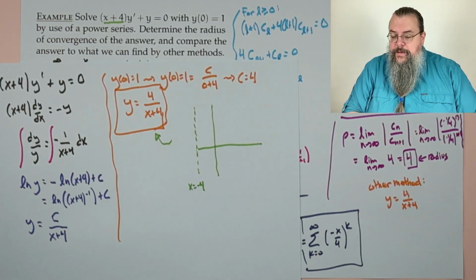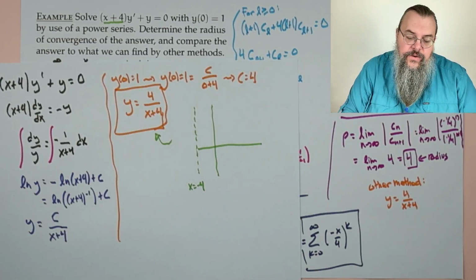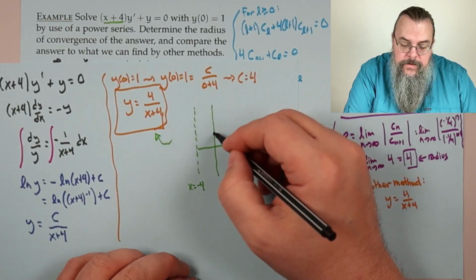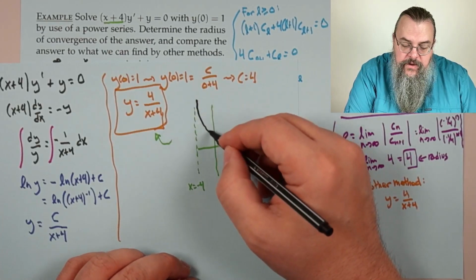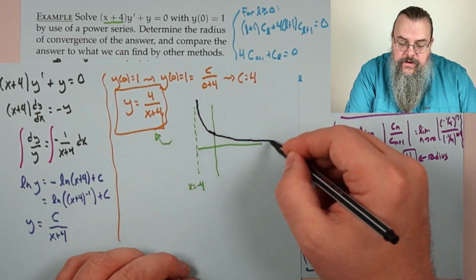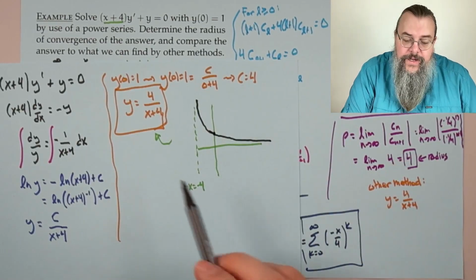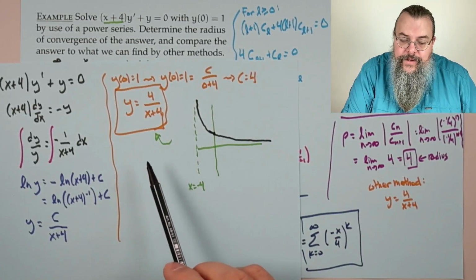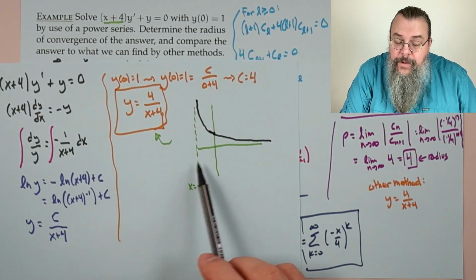You're going to pass through y of 0 equals 1, and then go up to that asymptote, and otherwise you're going to go down. So this will hold, it's valid, above negative 4.